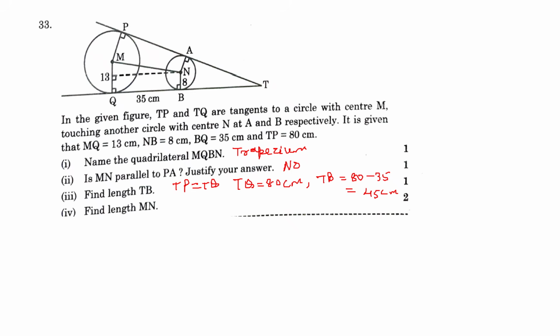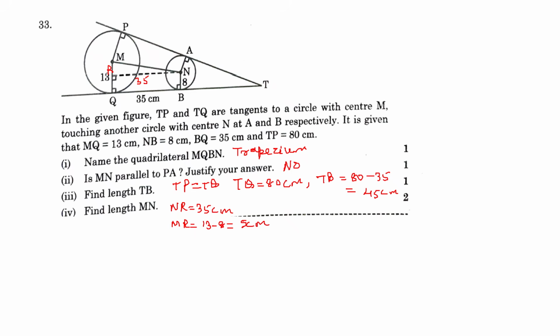Next, find the length MN. Already you can see there is a construction done here. They have dropped a perpendicular from point N to here. Let's name this point as point R. Now QBNR is a rectangle. So if QB is 35, NR is also 35 centimeter. Then MR will be 13 minus 8, which is 5 centimeter.